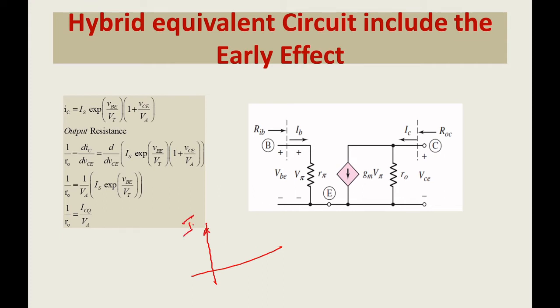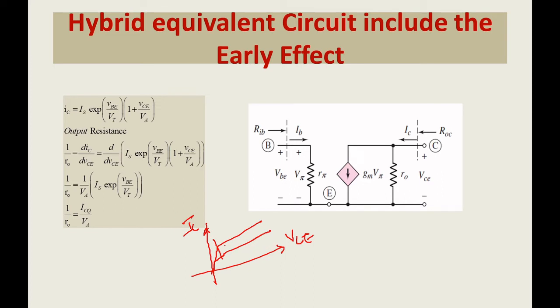If you see the output characteristics curve, you can see IC versus VCE, and you can see your output representation like this, right? You can see here after the saturation region, the current in the active region is constant. That means the change of IC with respect to VCE is not happening.